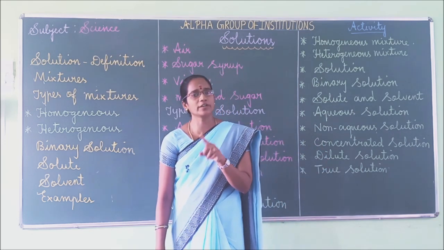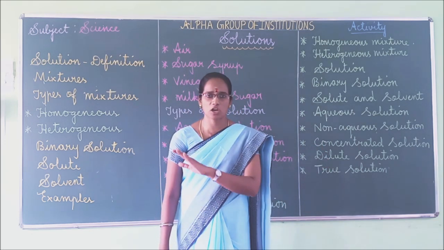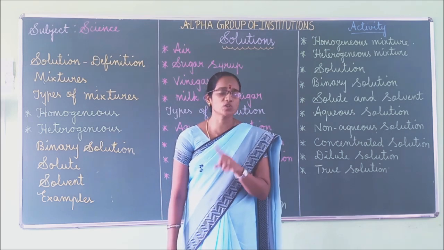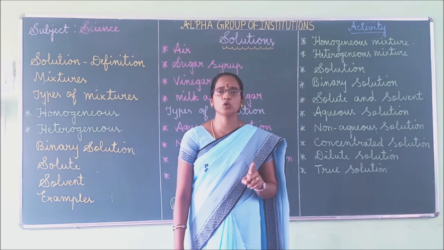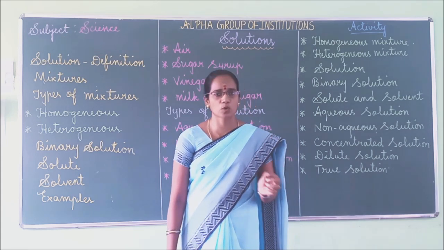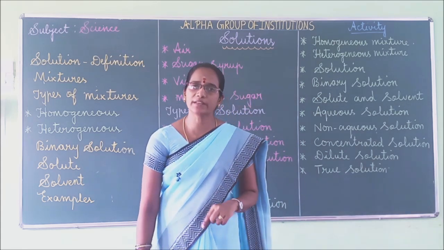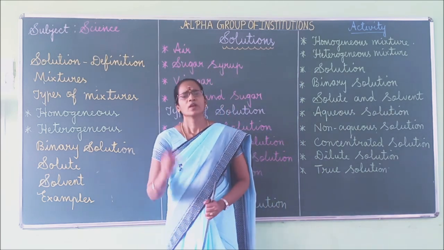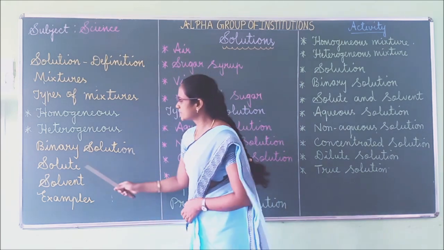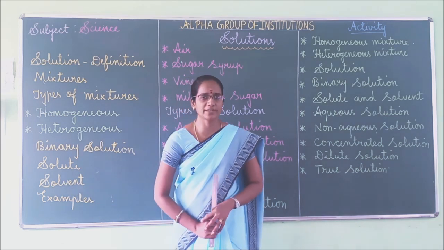Water is the solvent because it is present in larger amount. In sugar solution, which is the solute? Yes, sugar is the solute because sugar is present in smaller amount, whereas water is the solvent because water is present in larger amount.